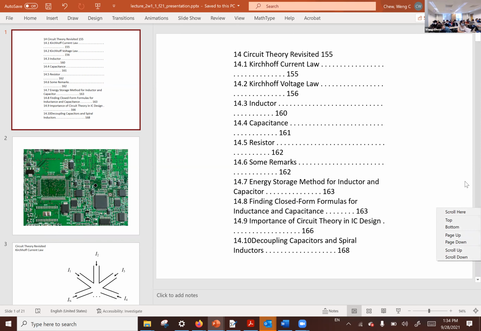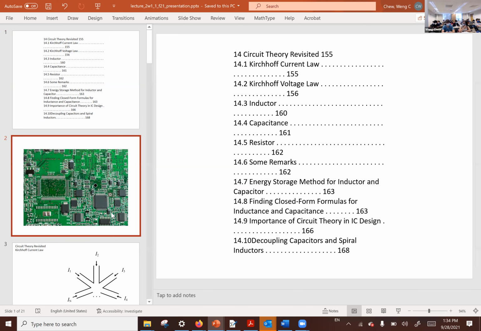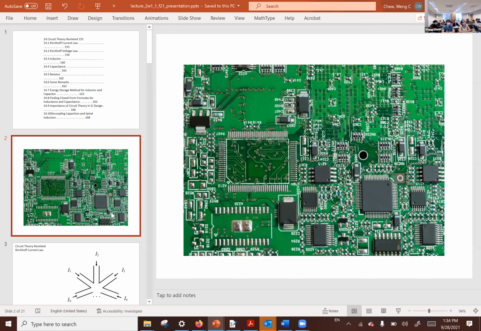How many of you have not had circuit theory before? All of you have had circuit theory, and all of you are bona fide electrical engineers. Okay. So as you can see, if you look inside the computer, basically, you see that all these components are getting smaller.